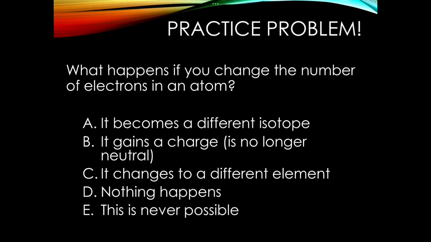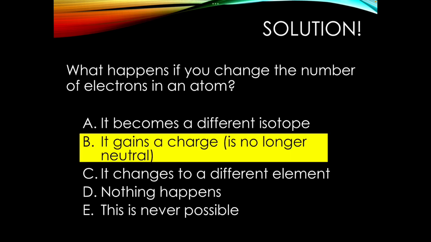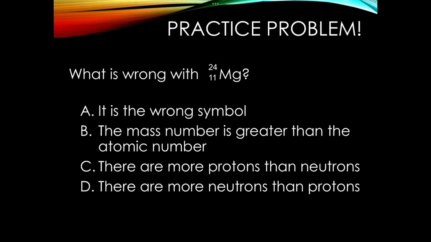All right, what happens if we change the number of electrons in an atom? If we change the number of electrons, then our electrons and our protons won't be equal anymore. So that's going to change the charge of the atom. It won't be neutral anymore. So let's try another one.